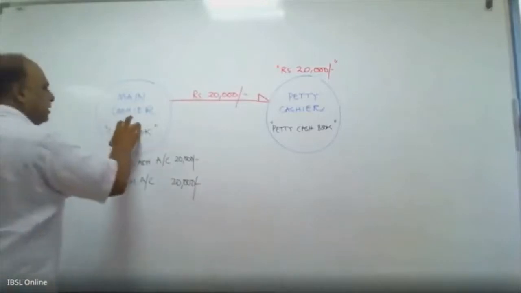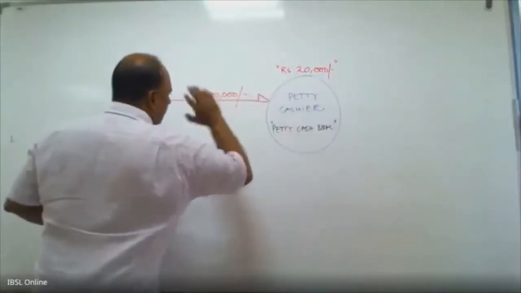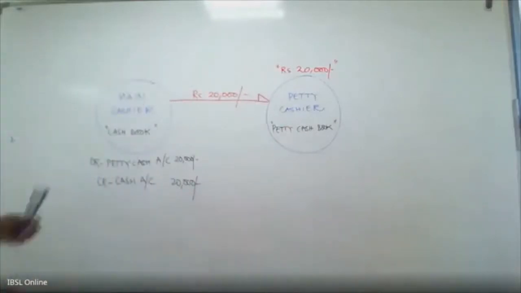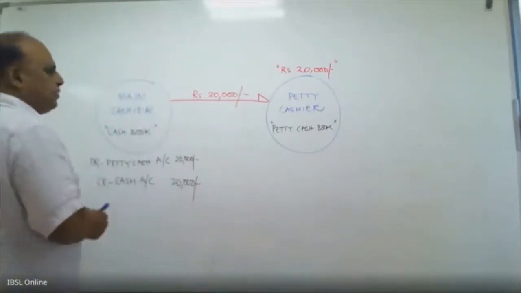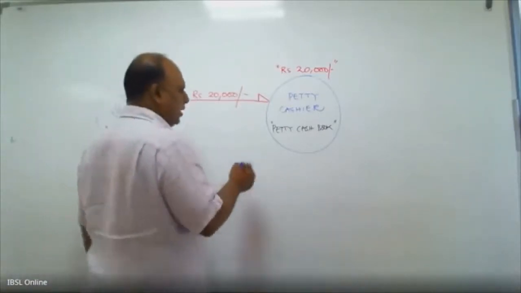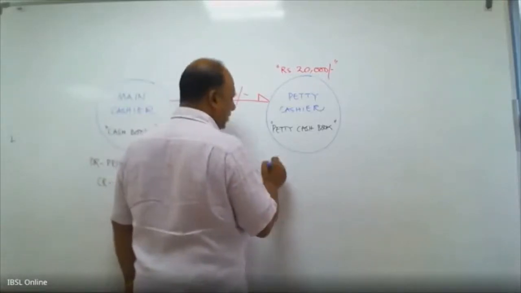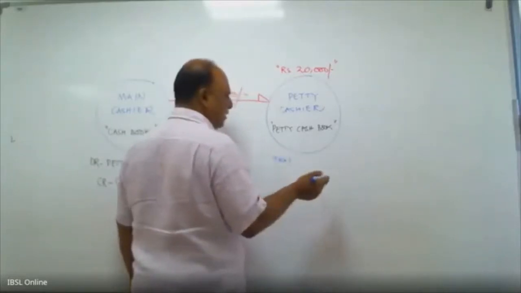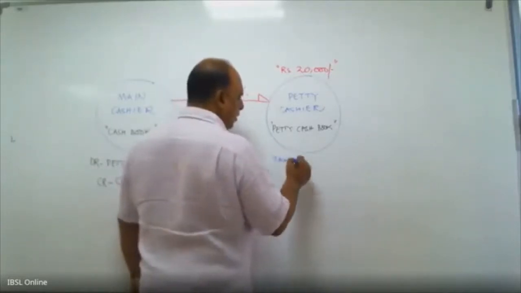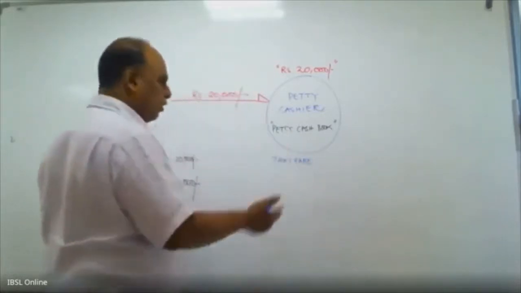The main cashier at the beginning of the month gives 20,000 to this person. So now he has the 20,000. Now what happens during the month? People come for various types of expenses, right? Let's say one kind of expense is taxi fare, where your office assistant or maybe the minor staff will go to various places to hand over or collect documents.